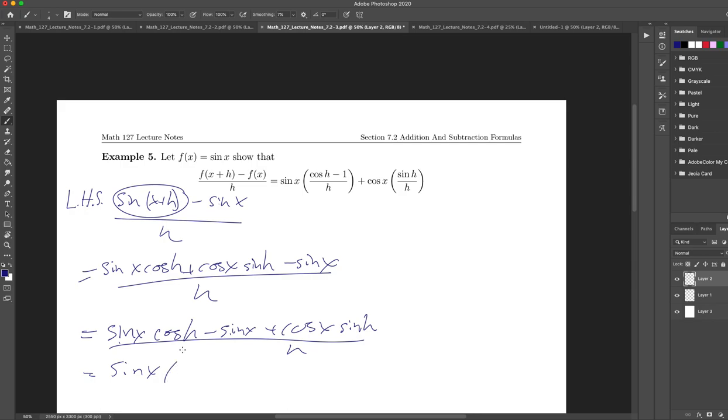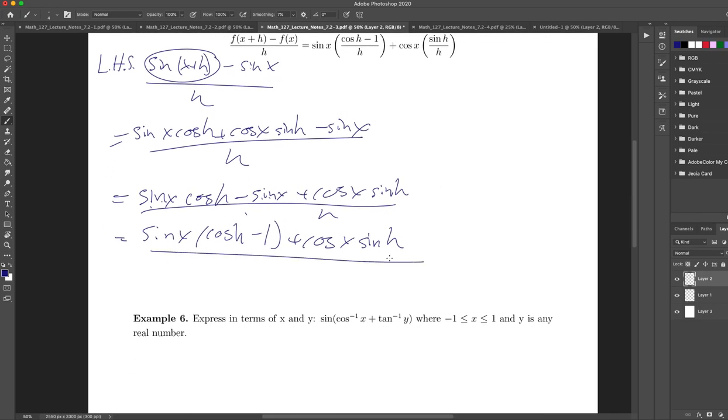So sine of x times cosine of h minus 1. I'm just pulling the sine of x out here, so I moved it over and pulled it out. Plus cosine x sine h, all over h. Notice that this is this, right? Let me just rewrite it real quick.